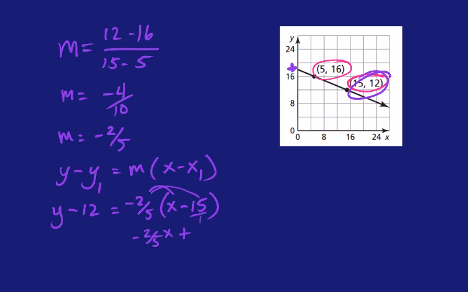Put that as 15 over 1, so that'd be positive 30 over 5, which is 6. And then equals y minus 12. We'll add 12 to both sides. And so our answer is y equals negative 2/5 x plus 18.